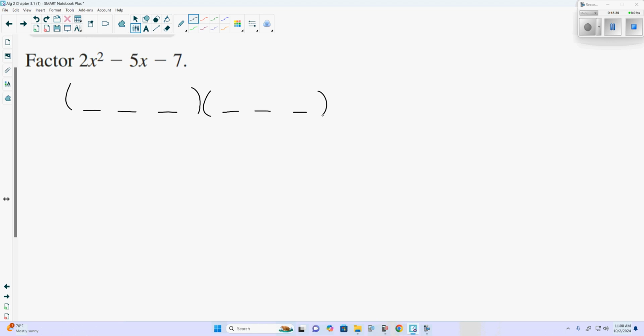And we want it to be an integer. Because technically I could factor 2 out of all 3, and it would leave us with x squared, which is nice. But the middle term would be 5/2 x minus 7/2.